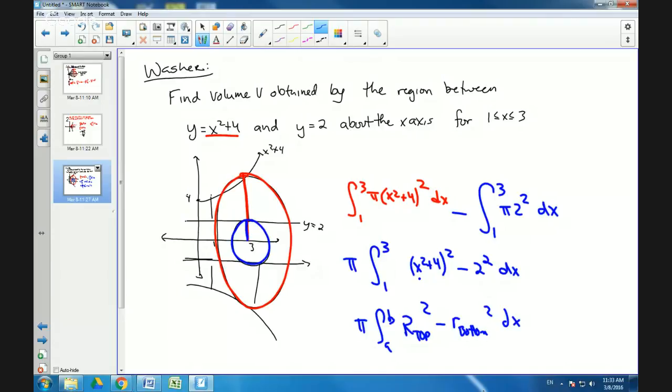So identify top and bottom, plug it into the pi r squared volume formula. Any questions?